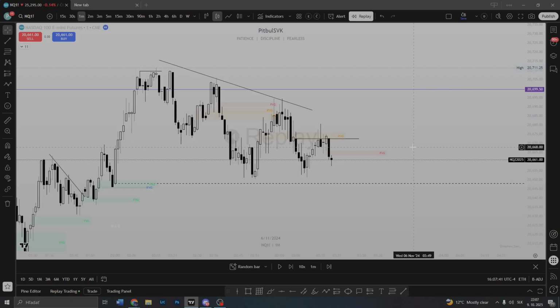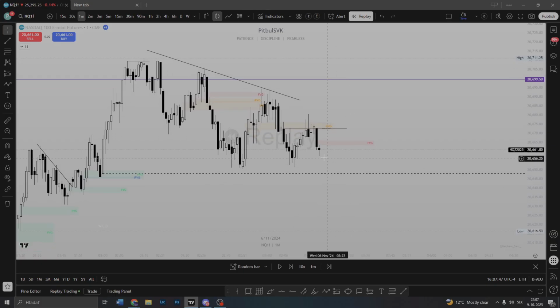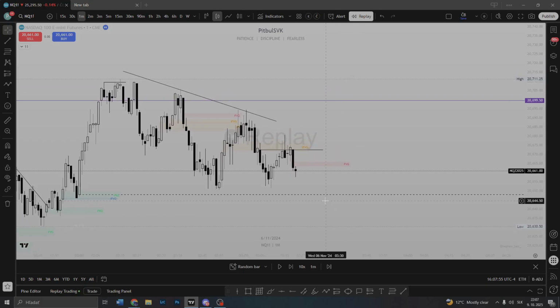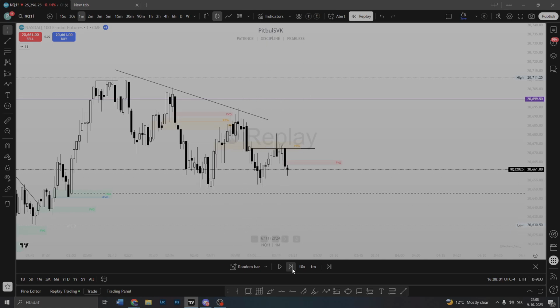So now, possibilities. If we are bullish, I would like to see again closure above that 306. If we are bearish, I need to see strong closure below these lows, because right now this low should be protected. That's 310. Of course, if we are bullish. If not, that's the liquidity.